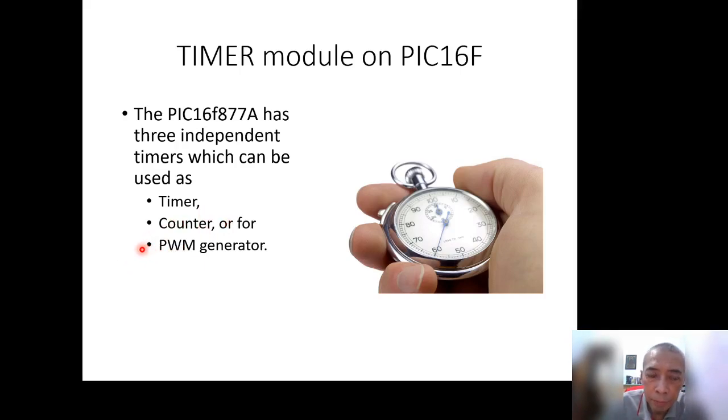If you generate a PWM signal, you can use timer 2. That's for the PIC16F. You can read each microcontroller's datasheet to learn more about the PWM and the timer itself.